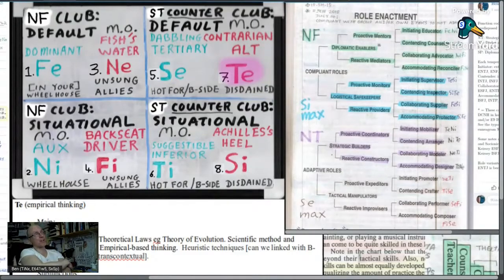But if they've got to do a task related to two functions that they don't like, TE and SI, it's not even like supervisor. Yeah, it's definitely inspector. ENFJ don't really want to be an accountant, which is kind of an ISTJ kind of job.